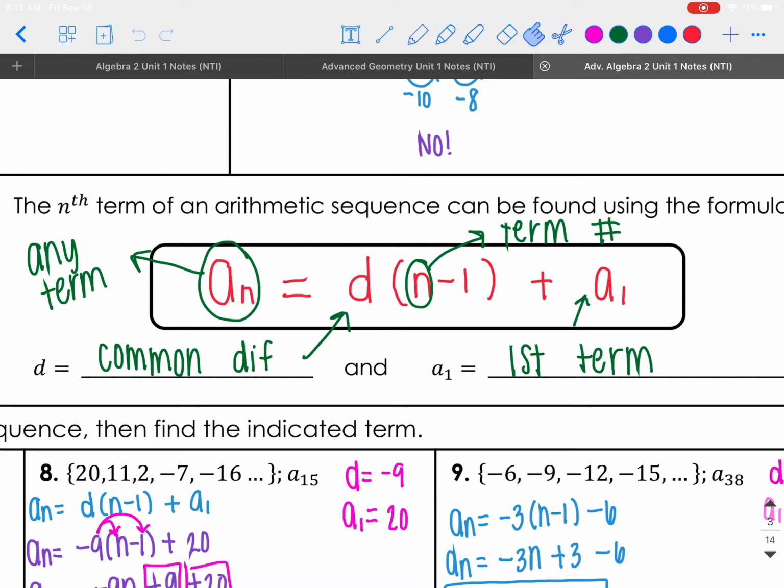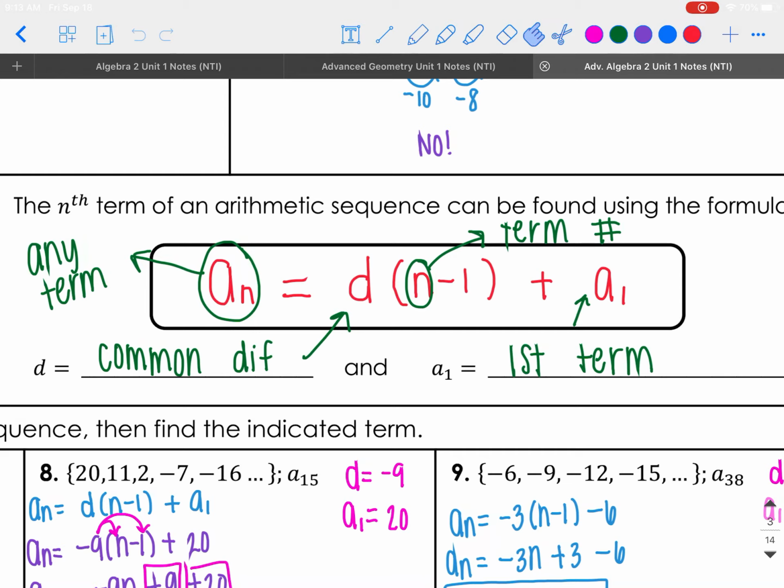The formula always starts with A sub n, an A and an N. And that just means any term, some term in this sequence. If you find the 7th term, that would be A sub 7. The 50th term would be A sub 50.